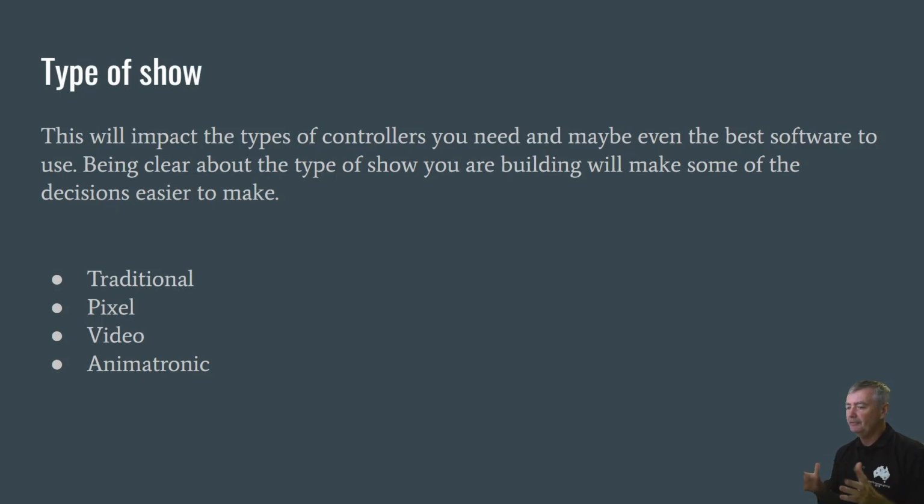These days, our xLights user base is probably predominantly pixel shows, many pixel only, some hybrid with pixel and traditional. Some do definitely have video in their shows. I think video projection is still not that common. While it is possible to do that sort of stuff, it's not common.